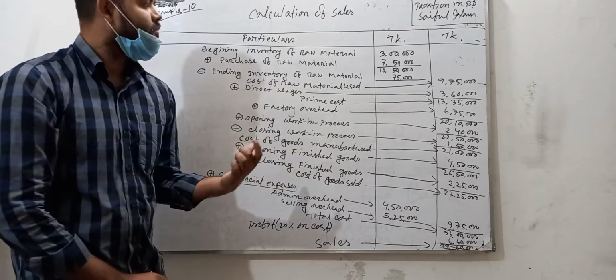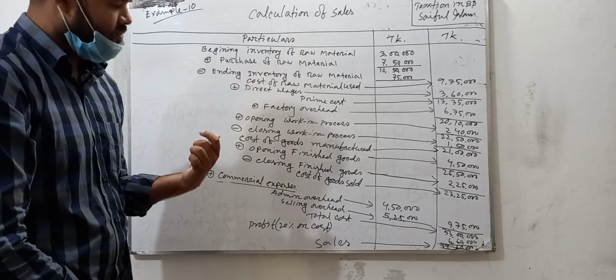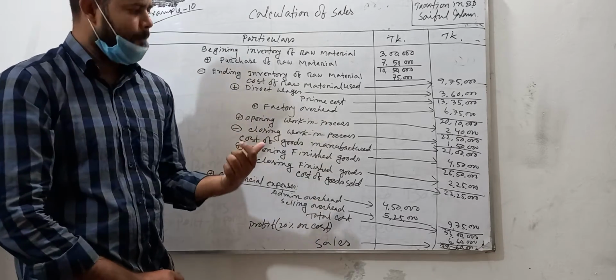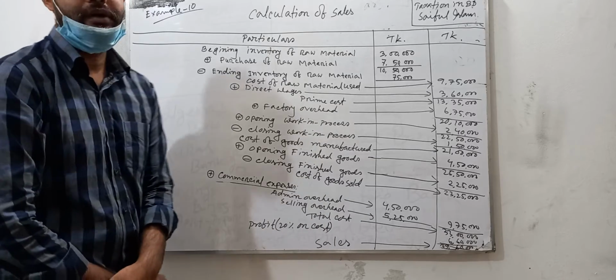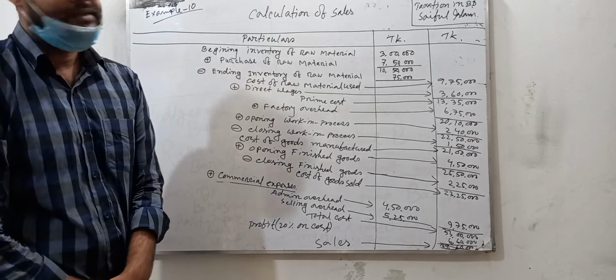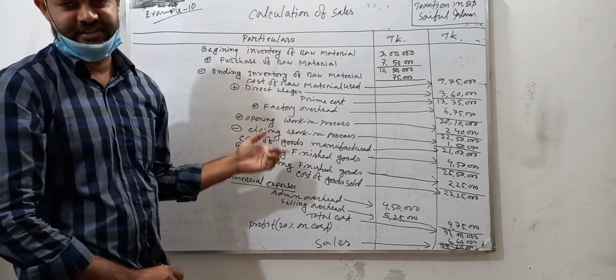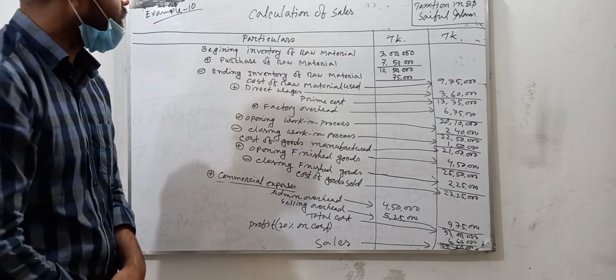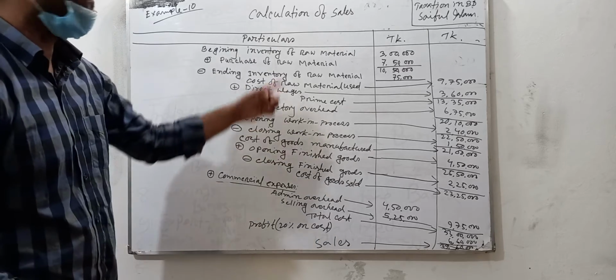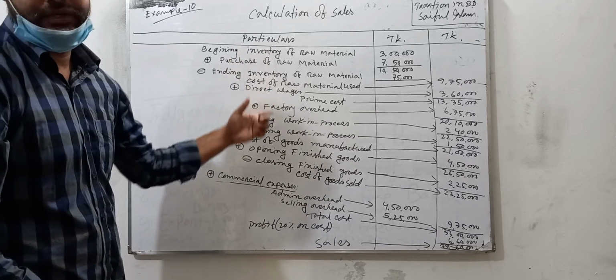Dear student, we know that there are two steps of calculation for VAT. First step is calculation of sales, and we will calculate sales by the following rules.